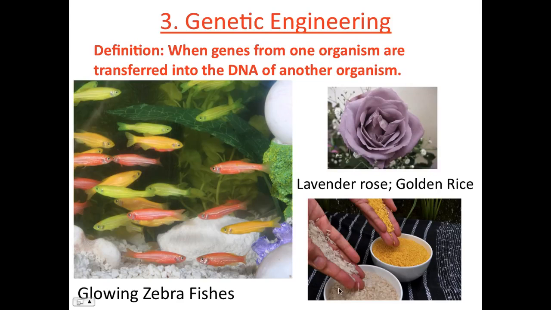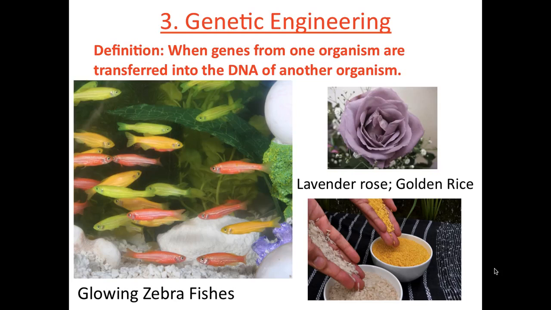Same thing with golden rice. And golden rice is cool because scientists have injected genes for the production of certain vitamins. I believe in this one it was I want to say vitamin D or C. I'd have to look back.